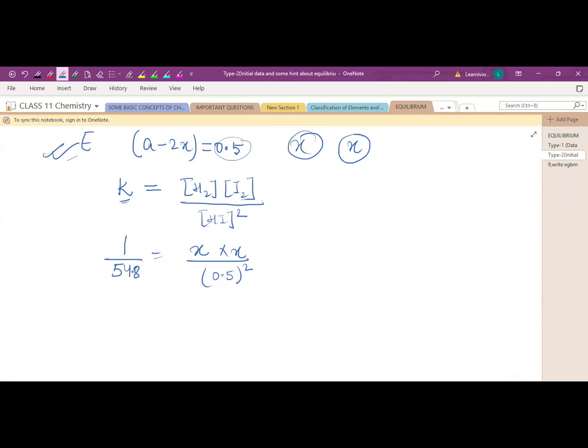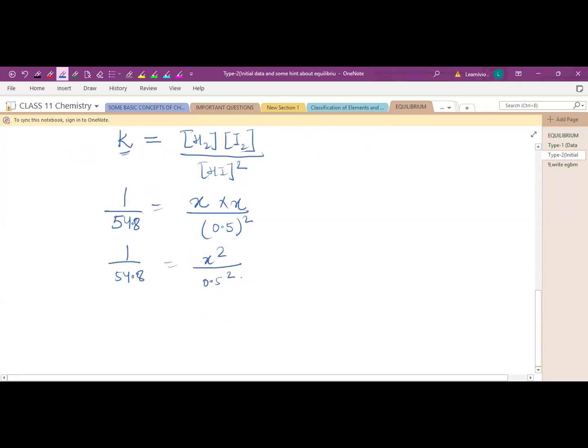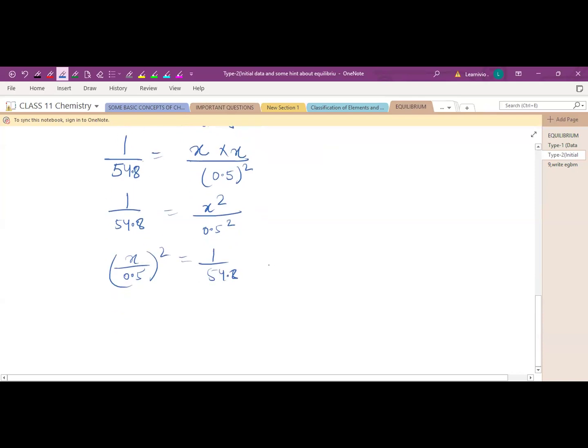Yes, ma'am. Now you can solve this. 1 upon 54.8 will equal x square upon 0.5 square. So x upon 0.5 whole square equals 1 upon 54.8. Now take the square root: x upon 0.5 equals the square root of 1 upon 54.8.